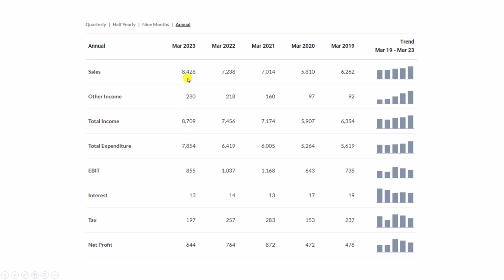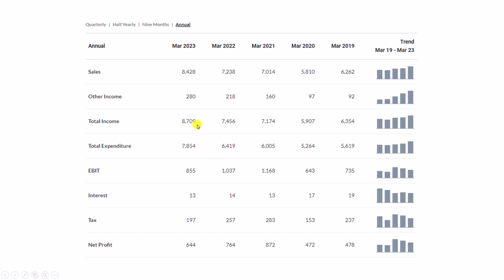Okay, so this is total money generated during last year. This is total money from core business generated in last year. This is from other sources last year. This is the total income to the company in the last year. This is how much the company spent during the last year.